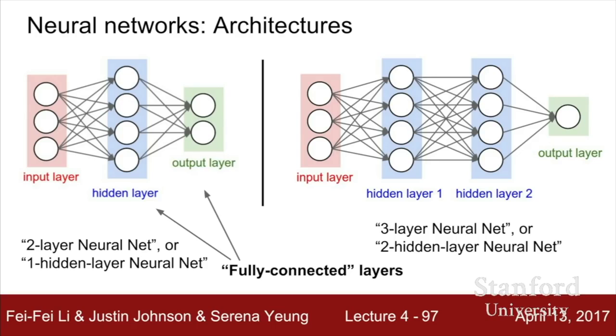We could also call this a 1 hidden layer neural network. So instead of counting the number of matrix multiplies, we count the number of hidden layers that we have. You can use either, but I think 2-layer neural network is maybe a little more commonly used. And then for our 3-layer neural network, this can also be called a 2 hidden layer neural network.